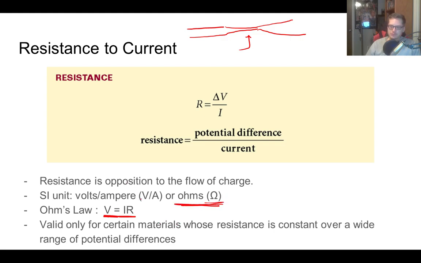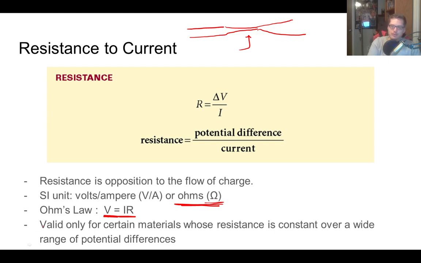Now, Ohm's law is a pretty interesting idea because certain things obey Ohm's law very well and other things do not. Reading about this is interesting because there are certain materials where, as you change the voltage, the resistance will change quite a bit.